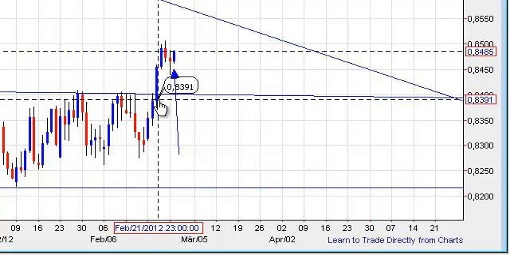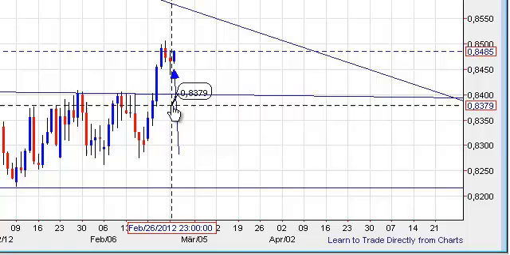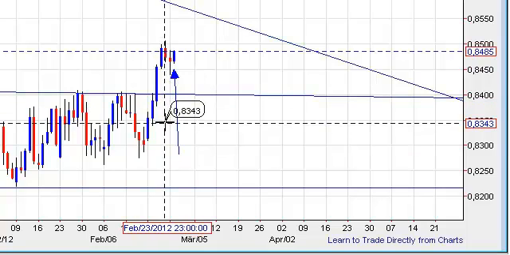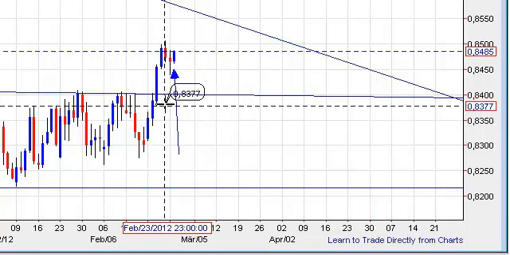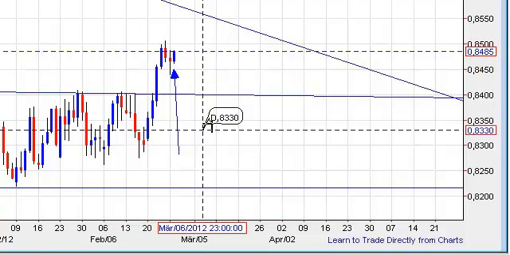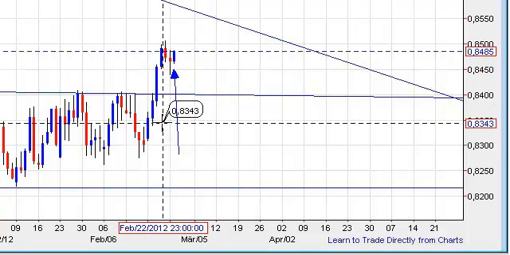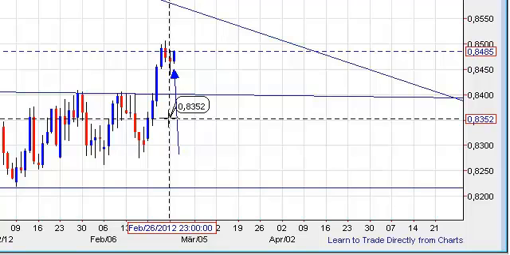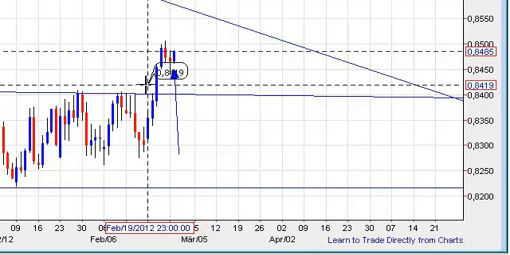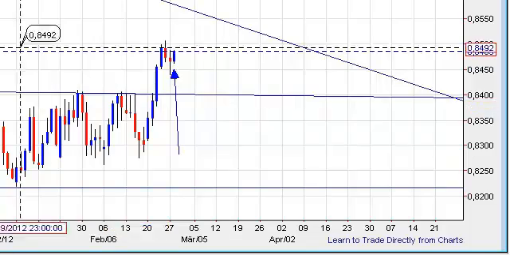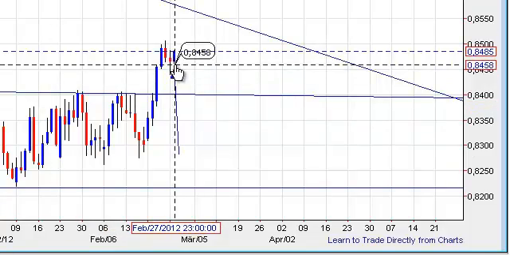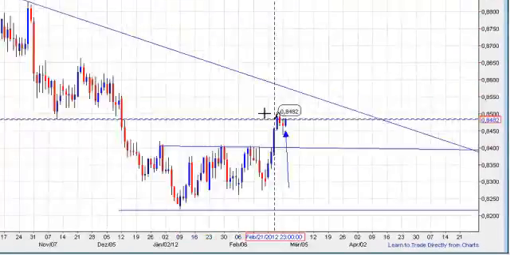We can't only have the technical side, price action, which is very important, but it has to be backed and supported by external news, such as the fundamental news. We've seen some positive news over the last couple of weeks in Europe, and this has really backed the current price technically.